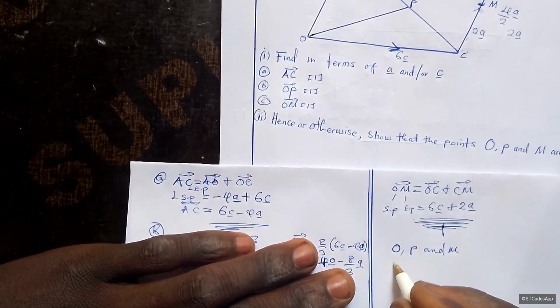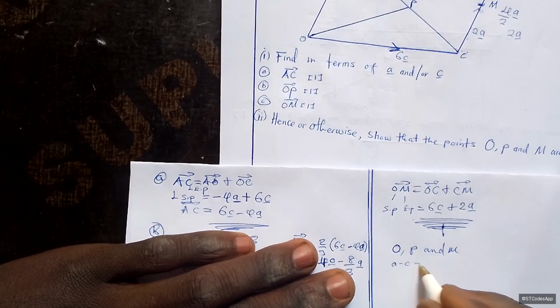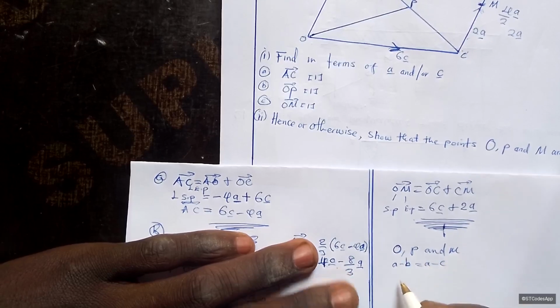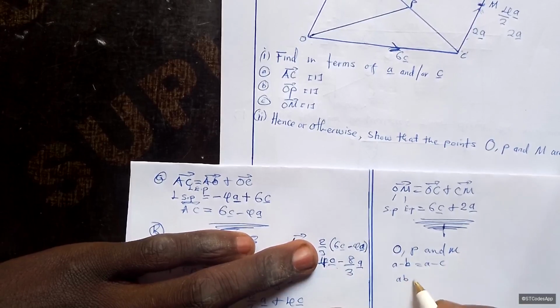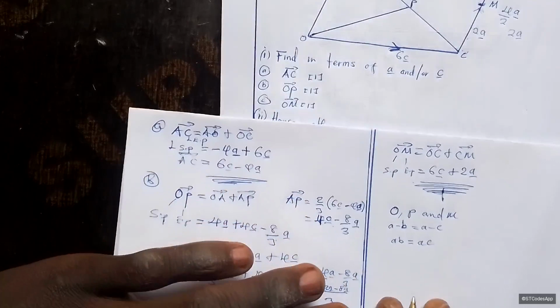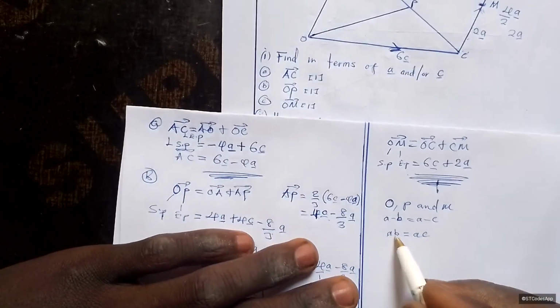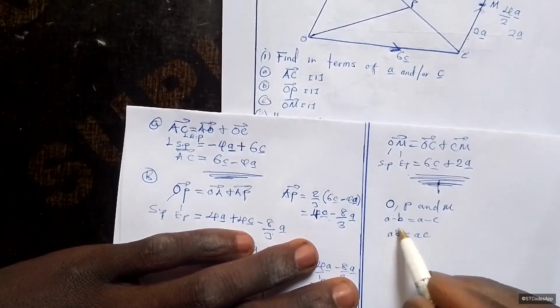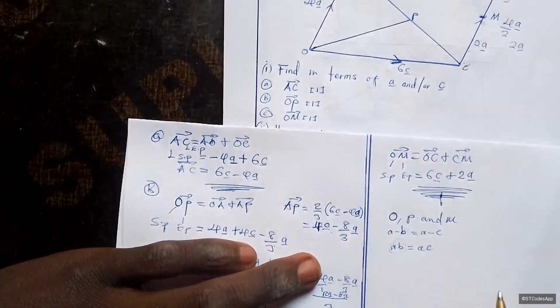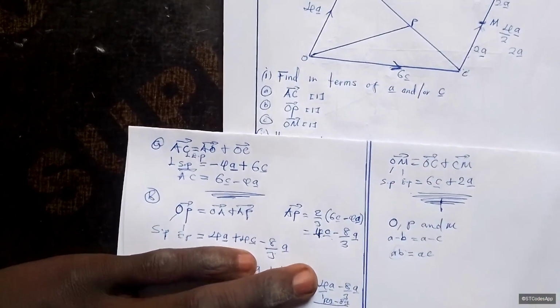So instead of saying A minus B is equal to A minus C, I'm going to say AB is equal to AC. The reason why I'm saying AB is equal to AC is because here we don't have column vectors, but on the first question, we had column vectors.